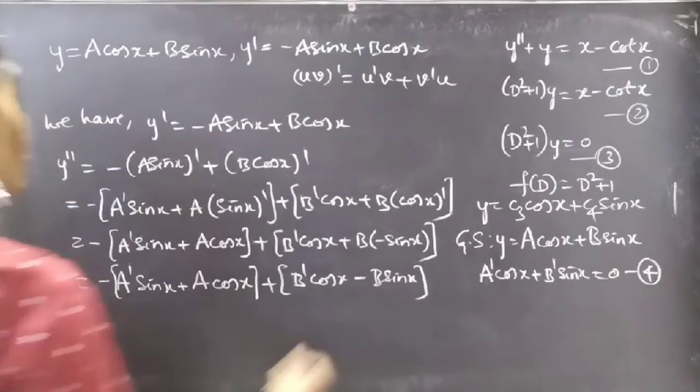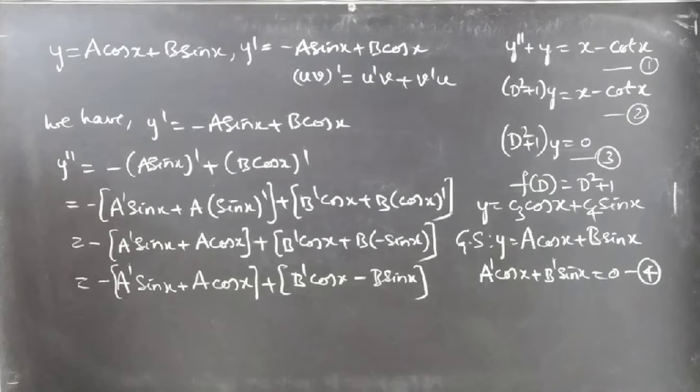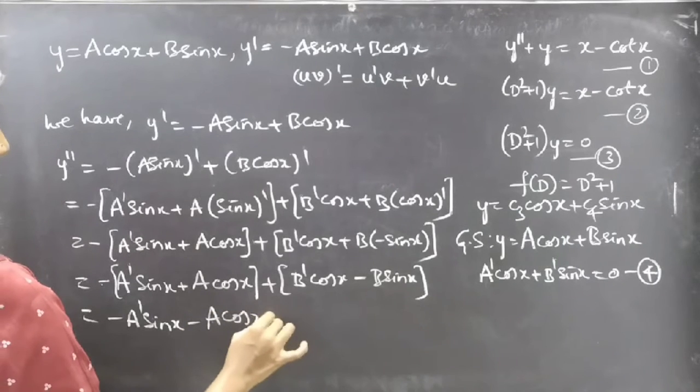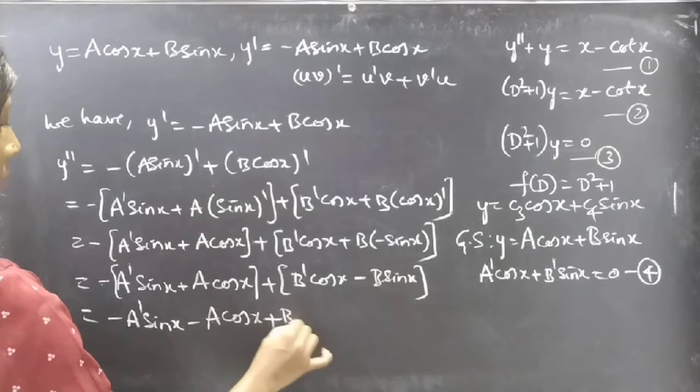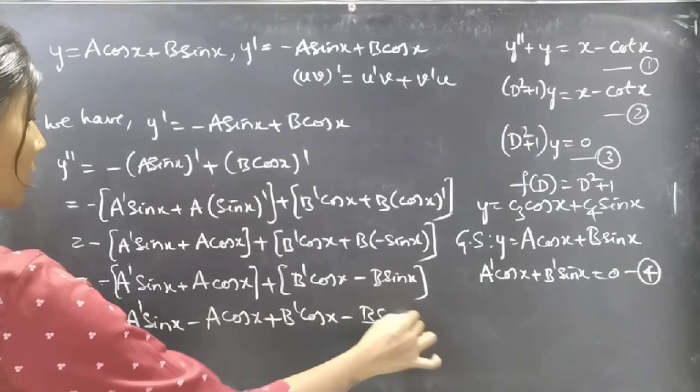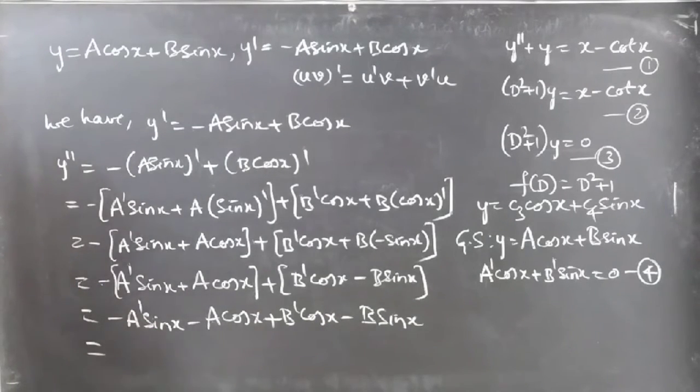We can just write directly by removing brackets. Okay, I'm just going to write one more step. It equals minus a dash sin x minus a cos x plus b dash cos x minus b sin x. Now write the terms involving a dash and b dash.